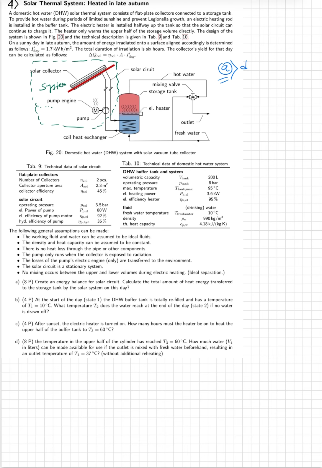We know the system will be summation of delta work, summation of delta heat, and summation of delta E material. So here there is no material transfer, so it would be 0. But here is the heat and work transfer. So we have to include that.